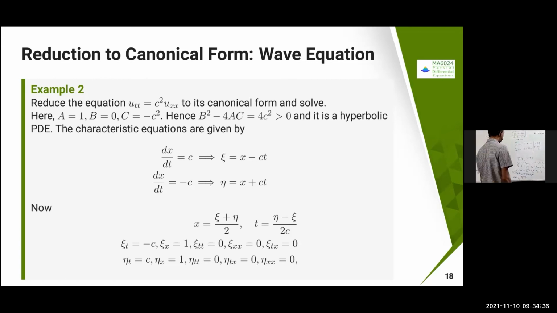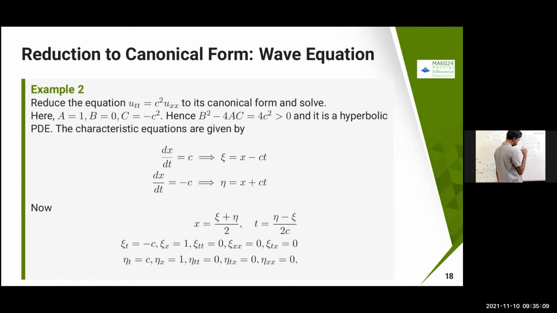Once again, in a similar way you can calculate chi t, chi tt, etc. So chi t is going to become minus c, chi x is going to become 1, and chi tt is going to become 0.